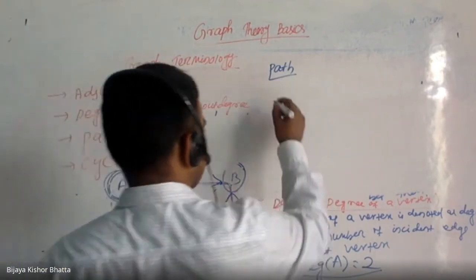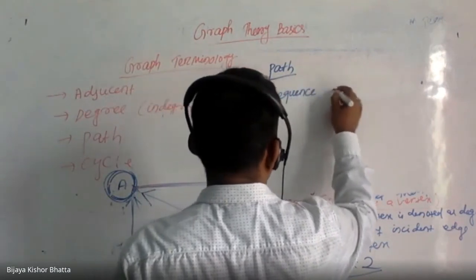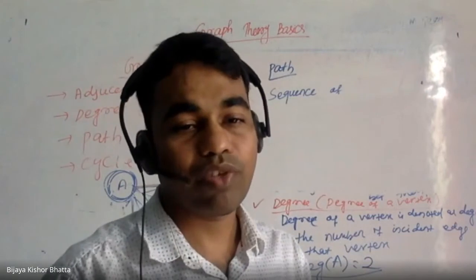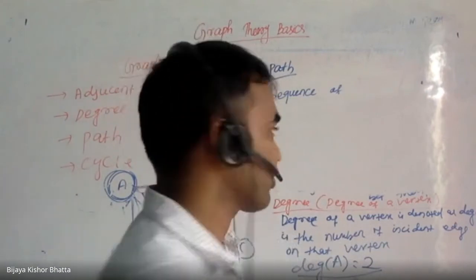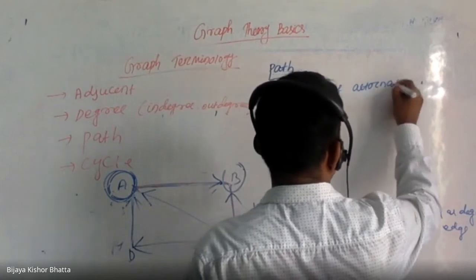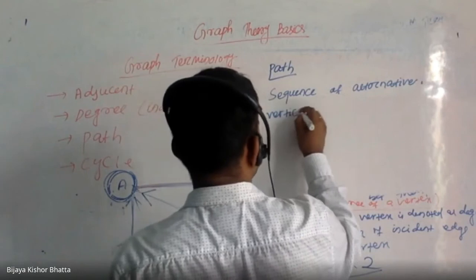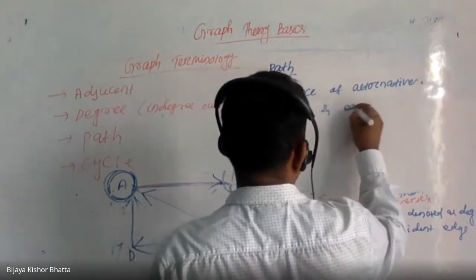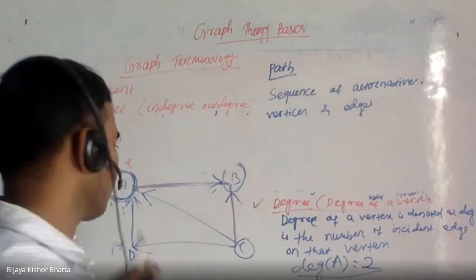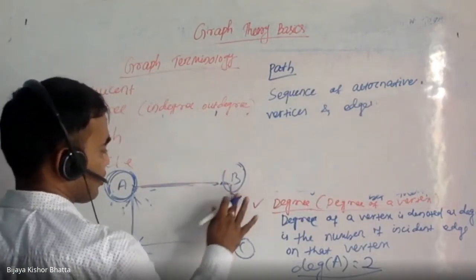Path is a sequence of alternating vertices and edges. So what does that mean? Let me erase all these.